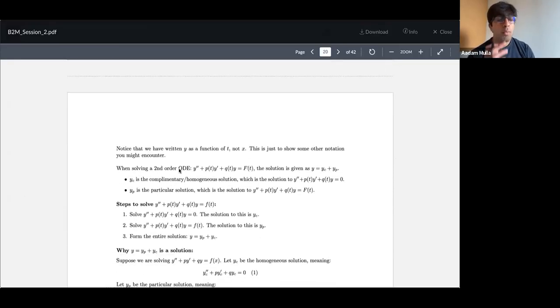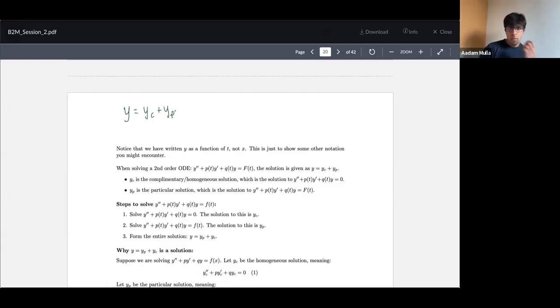Okay. Before we talk about that, when solving any ordinary differential equation, specifically in our case for second order ordinary differential equations, the solution is always given by y equals yc plus yp.